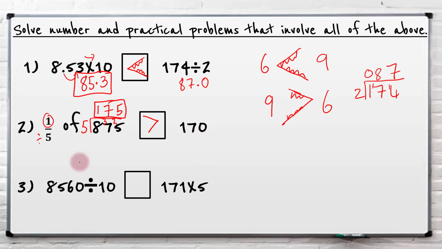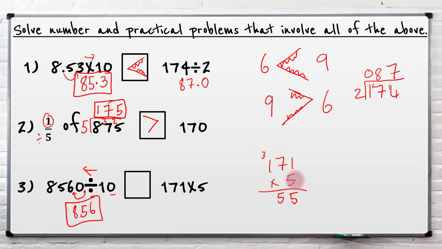And the final one here, again, we've got our dividing. So we need to work out what this is first. So if we're dividing, decimal point will move up one place. It is always hiding at the end. So I've got 856 is what this calculation is equal to. Now 171 times by 5, just simple short multiplication. 7 5s is 35.